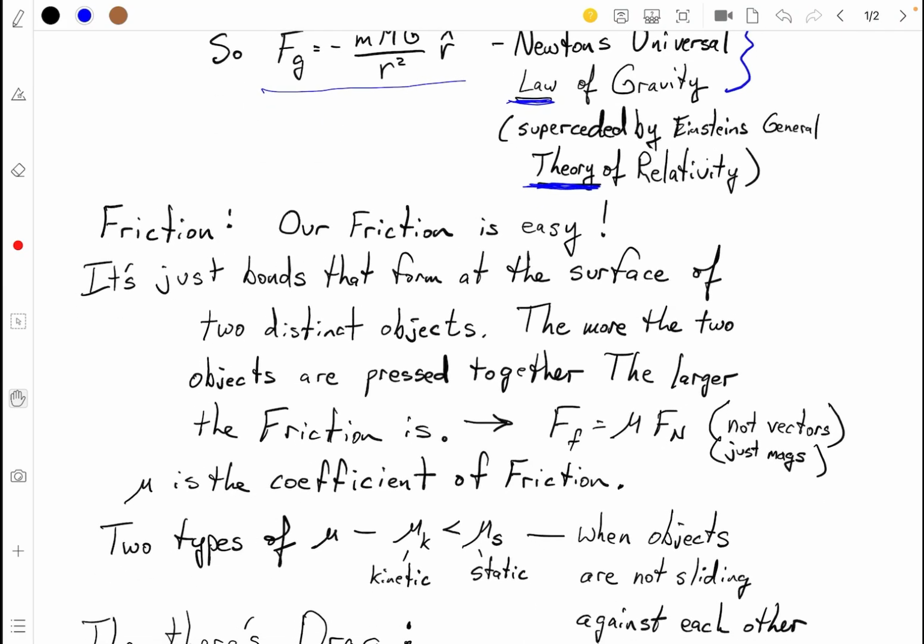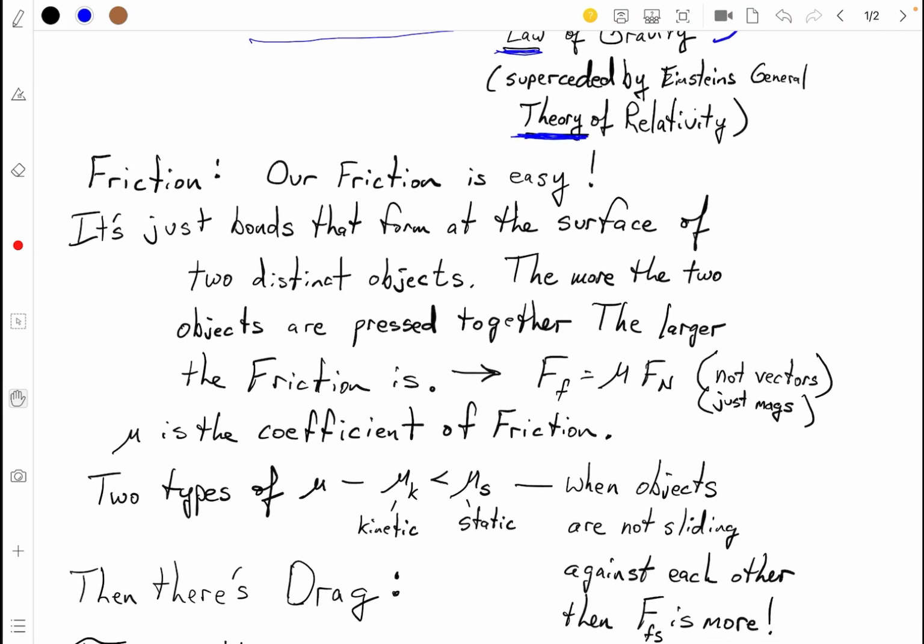Next, friction. Friction is easy. It's just bonds that form at the surface of two distinct objects. What are the bonds? Again, we're talking about electromagnetic bonds. We've got electrons, and they're floating around their atoms and or molecules. Here we have positive, and then outside we have a whole bunch of negative stuff.